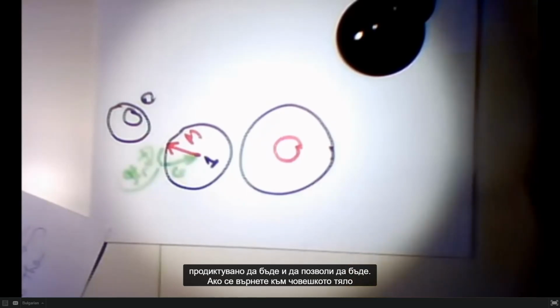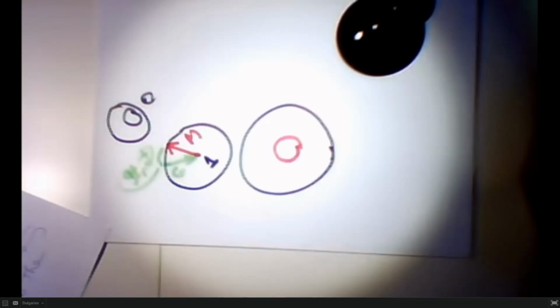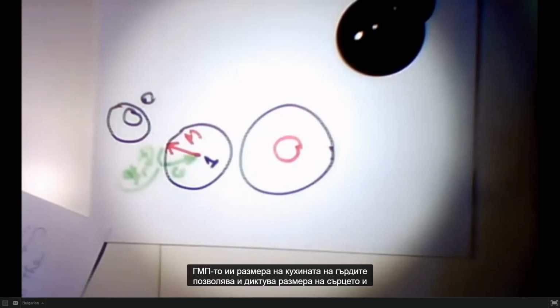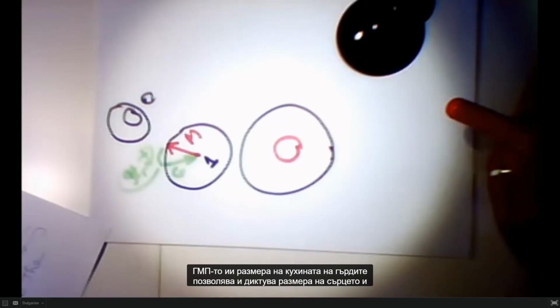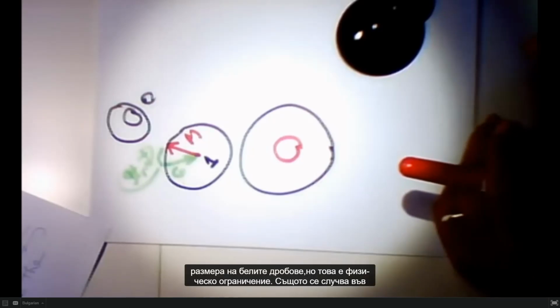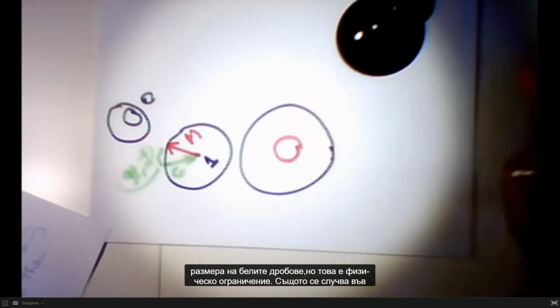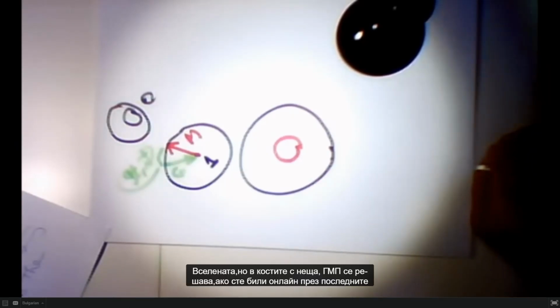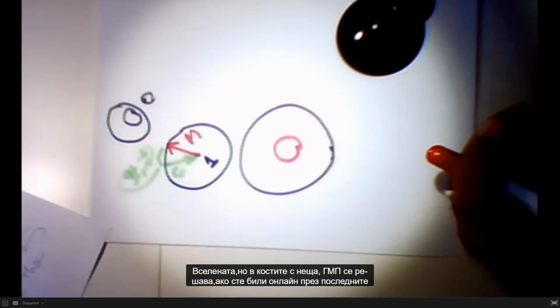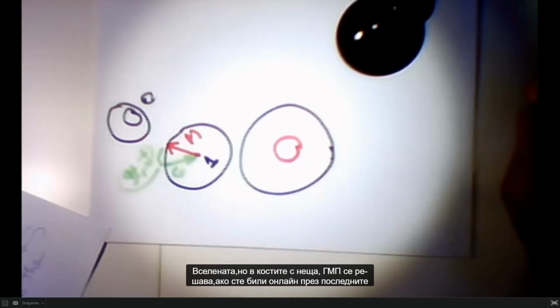If you go back to the human body, the gravitational magnetic field and the size of the chest cavity allow and dictate the size of the heart and the lungs. But that's a physical restriction. The same thing happens in the universe, but instead of bones, the gravitational magnetic field decides.